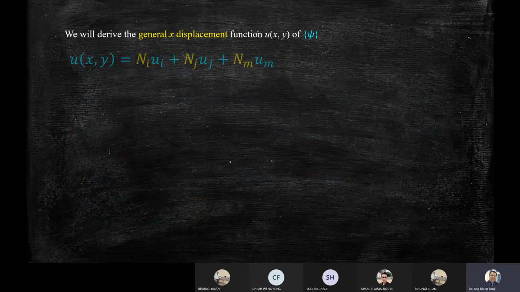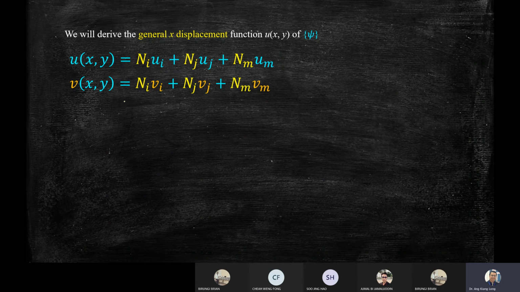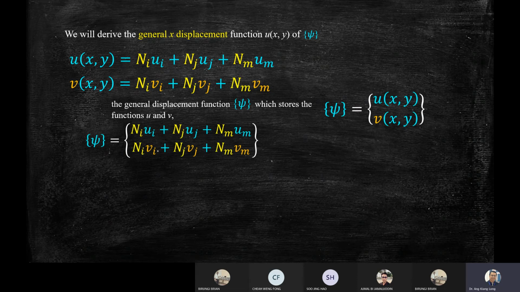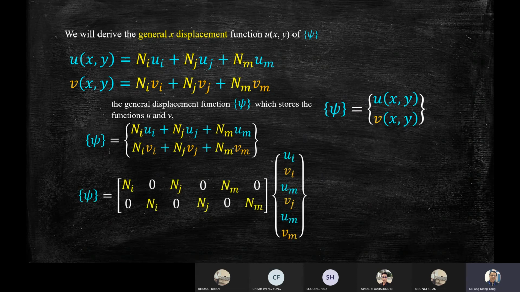Okay. So we have these two equations. And every equation we can put in matrix form again. So matrix form is this one. How do we write it? We change these two equations into this form.